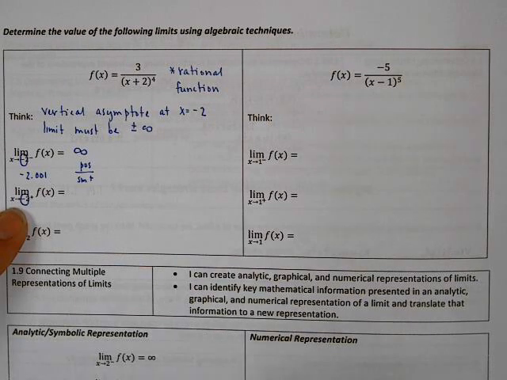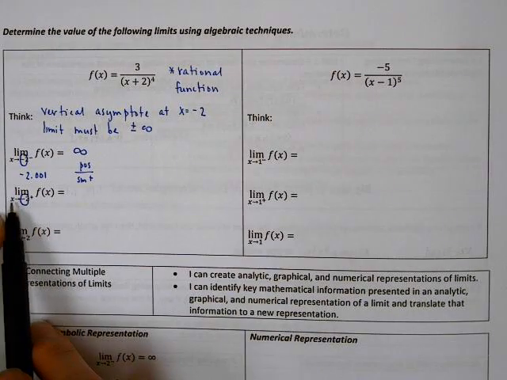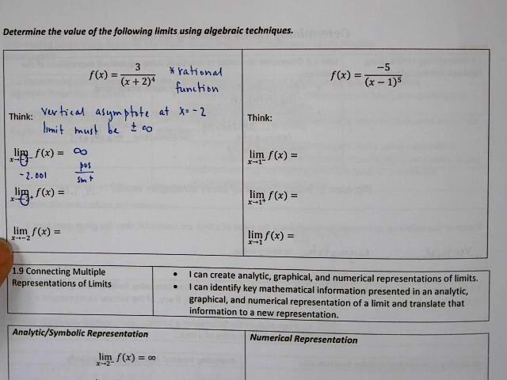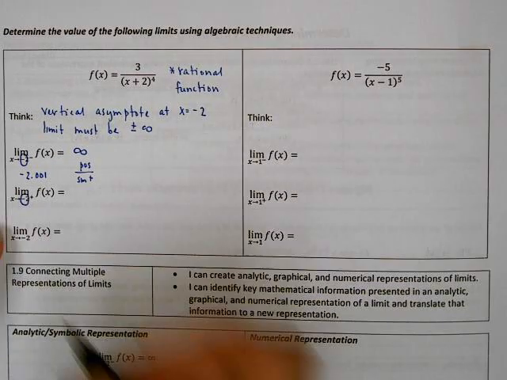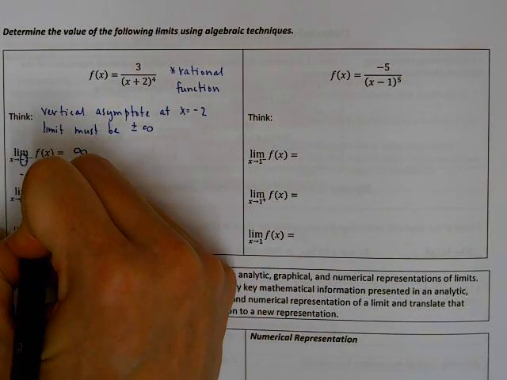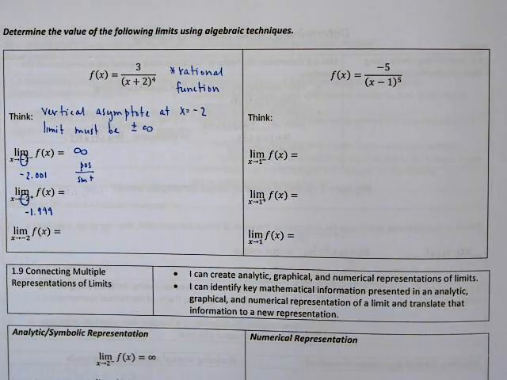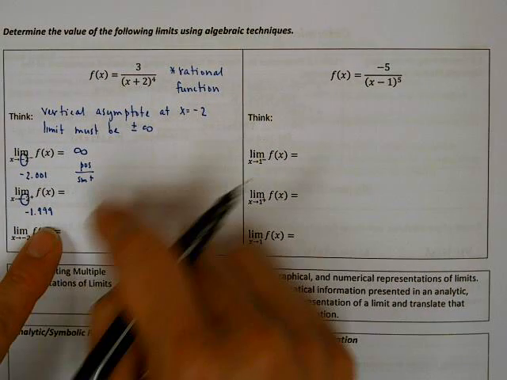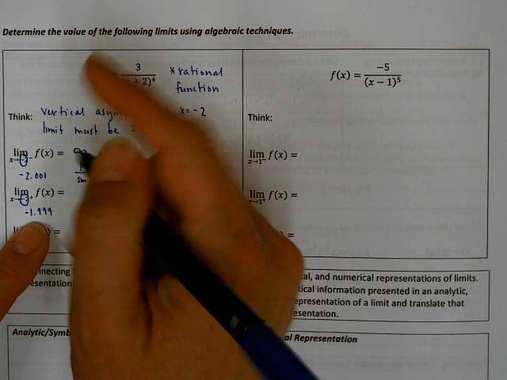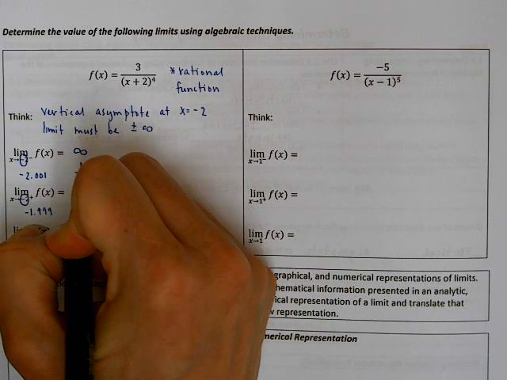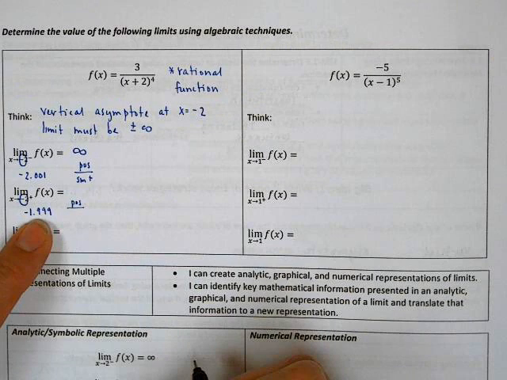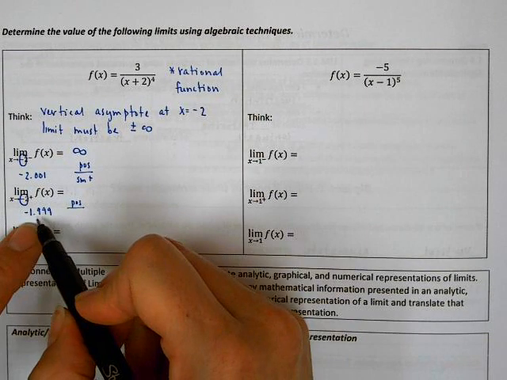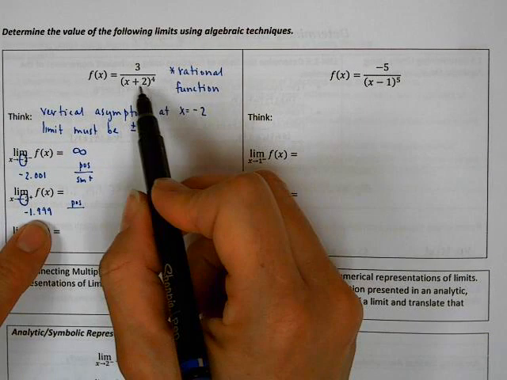Now, on the other hand, if I'm looking at the limit as x approaches -2 from the right, now I'm looking at something like -1.999, let's say. So let's do our same analysis. My 3 on top is still positive. On the bottom, let's see, -1.999 plus 2.